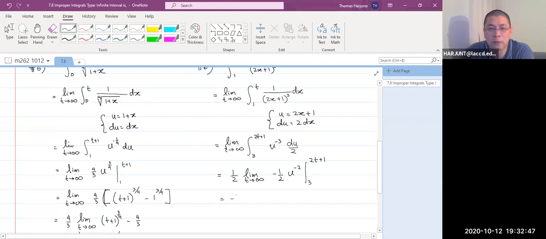That's negative 1/4 times the limit of 1 over (2t plus 1) squared minus 1 over 3 squared.